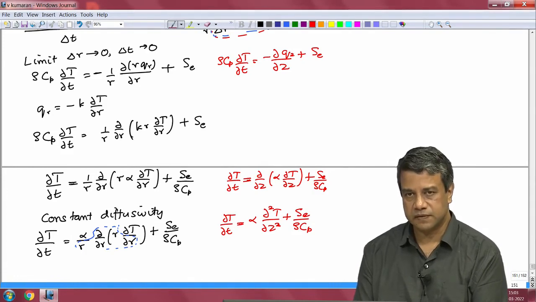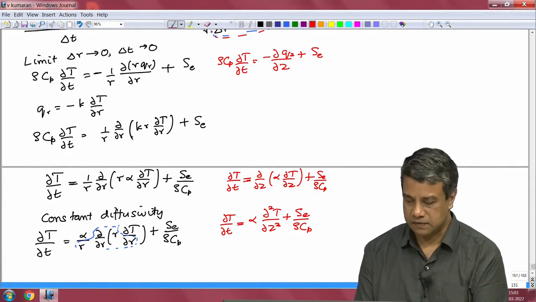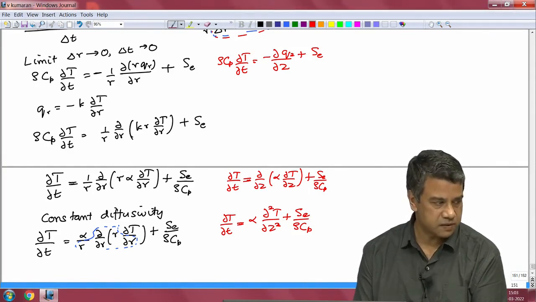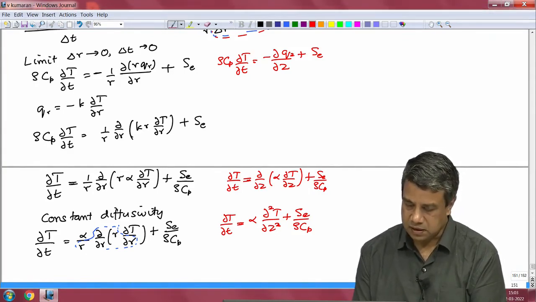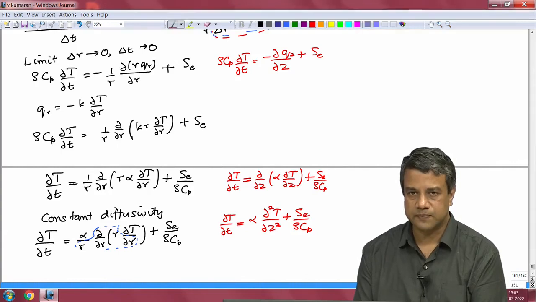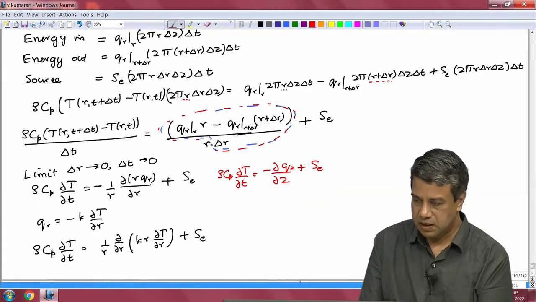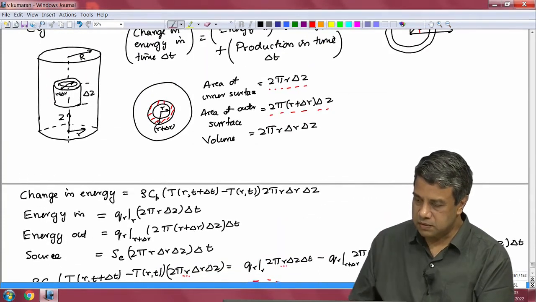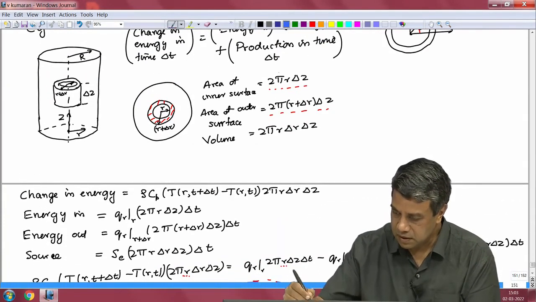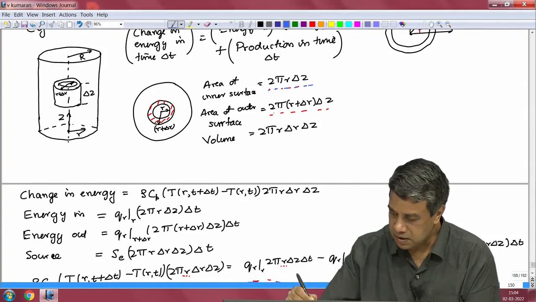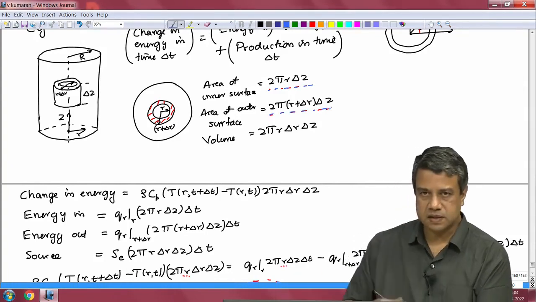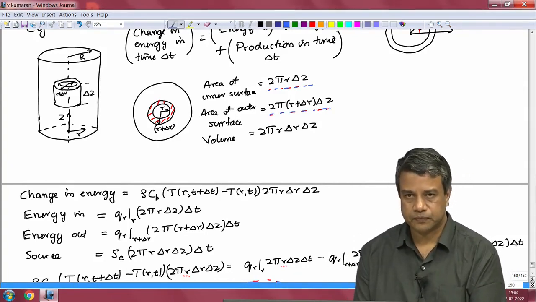And for that reason, the transport rate is not directly proportional to the flux in a cylindrical coordinate system, and as we will see later, in a curvilinear coordinate system. It is because the inner and the outer surface areas are different.